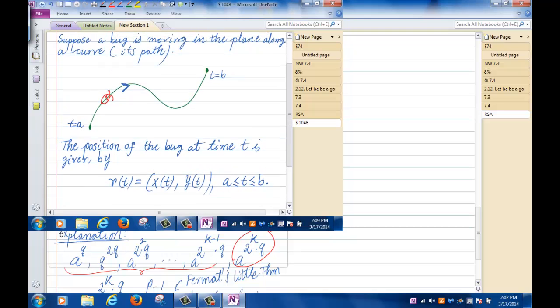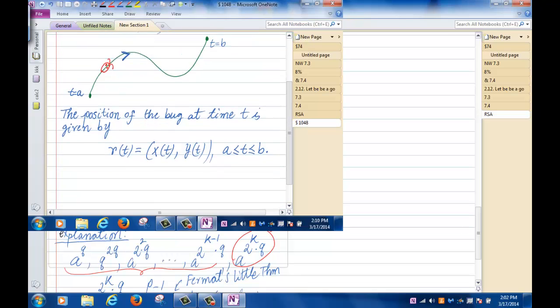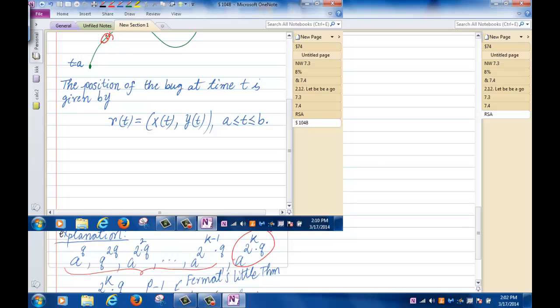So even though I'm saying t, the parameter t here represents time, but it doesn't really have to be time. In many applications, t could be something else. So maybe, for example, instead of t being time, let me draw another curve here.